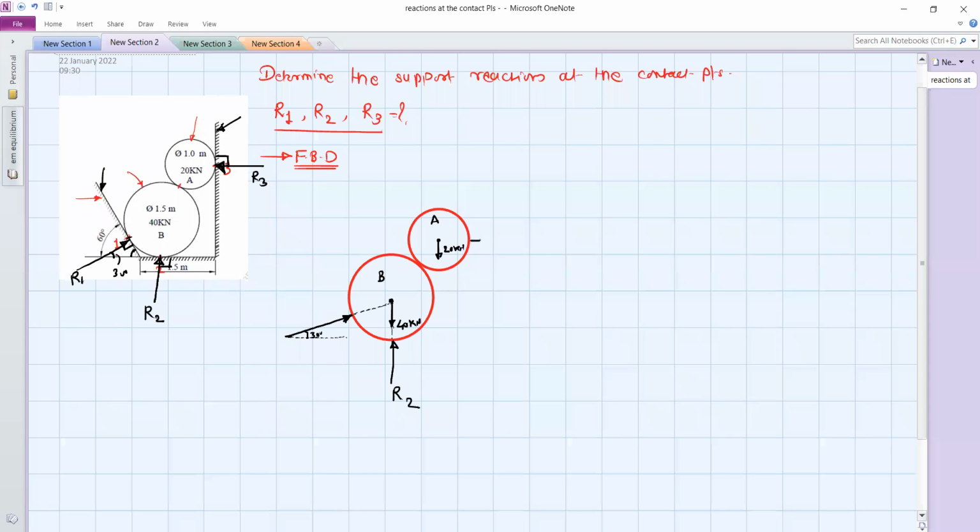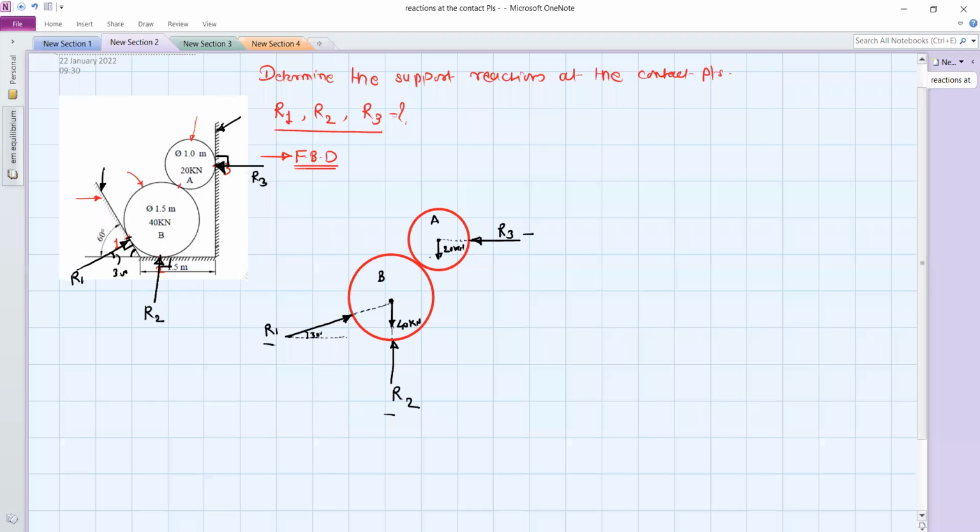So here you can show the vector for reaction R3 like this. The line of action of R3 will pass through the center point. So here we have shown all the reactions R1, R2 and R3, and two weight forces 40 kilonewton and 20 kilonewton.